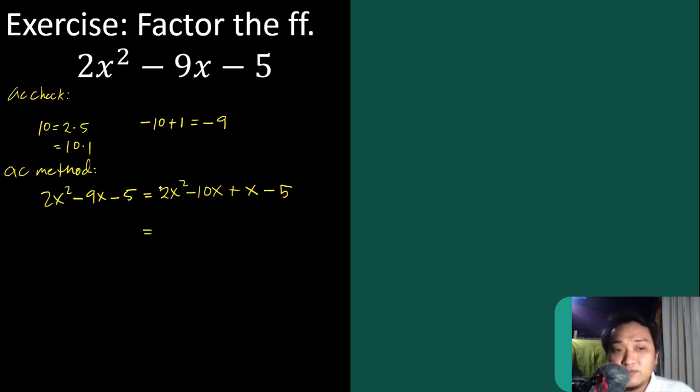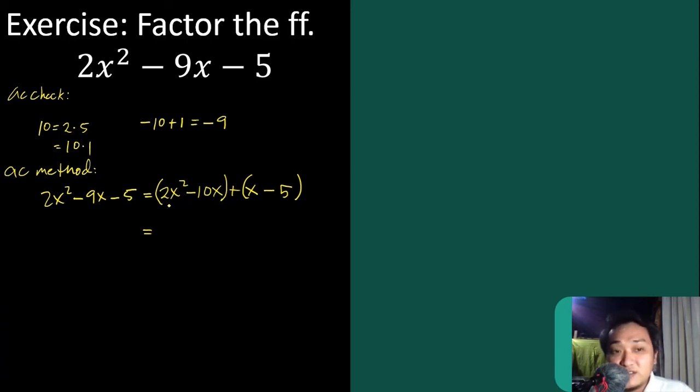We will group 2x squared minus 10x, and let us group x minus 5. And then, we're going to factor out a greatest common monomial factor in each of the quantities.